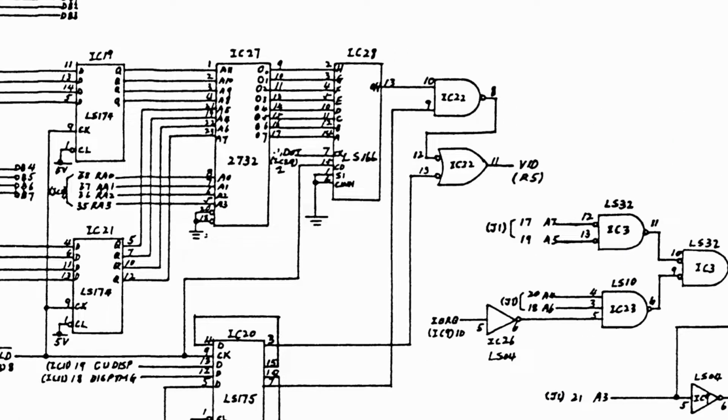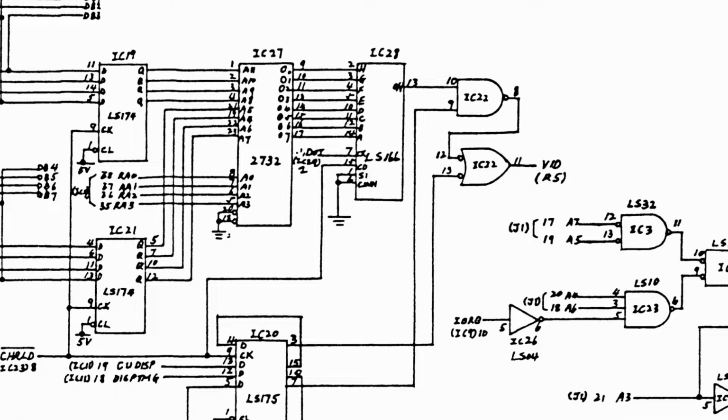So moving over, we can latch our data into the latches here, and that provides an offset into the character ROM. So we've got address lines 4 through 11 hooked up to the character latches, and that allows us to select multiples of 16 bytes in the ROM.